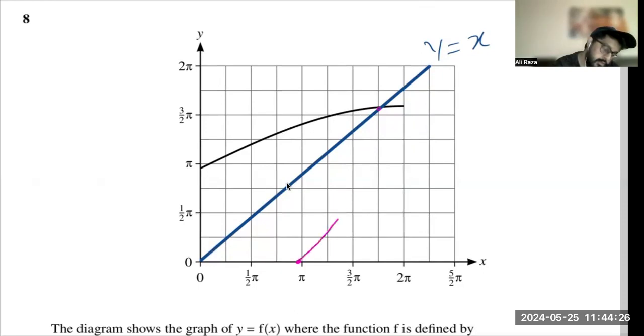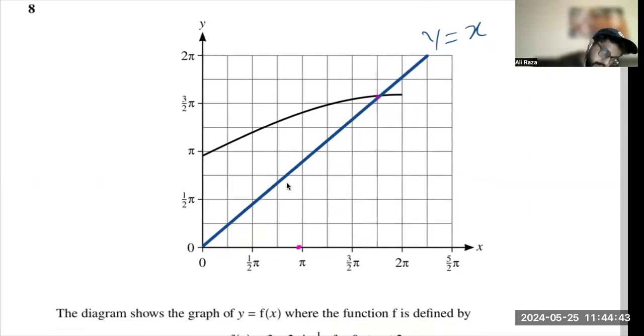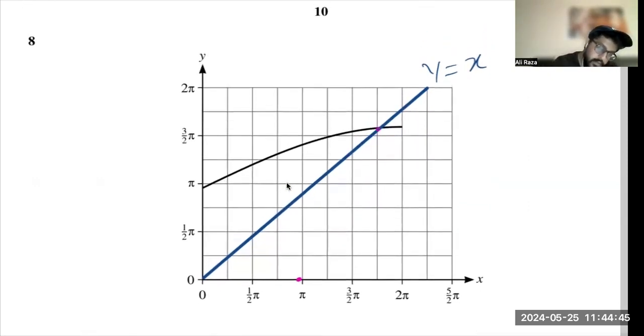This point would be the same. Now this point is 2 pi comma 3 pi over 2.